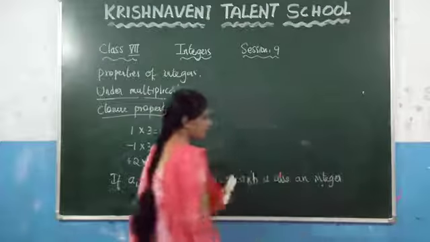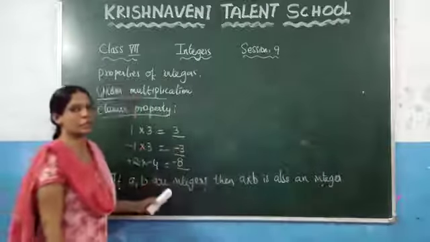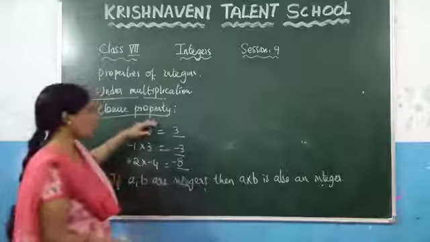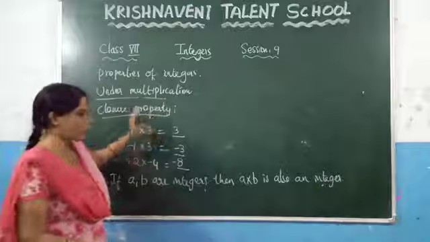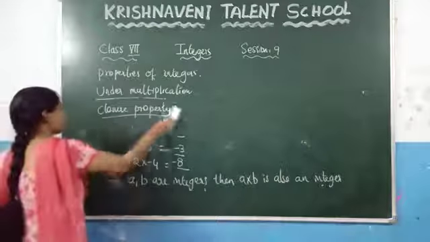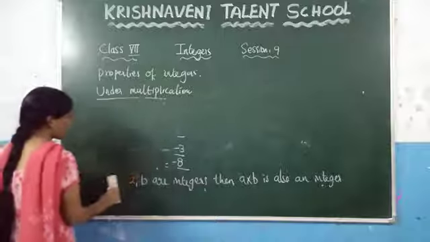That means if you consider any two integers and multiply them, you get the result as an integer. That property we call the closure property under multiplication. Now see the next property, which is the commutative property.